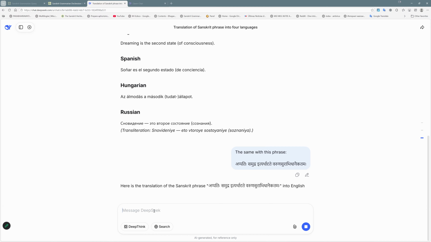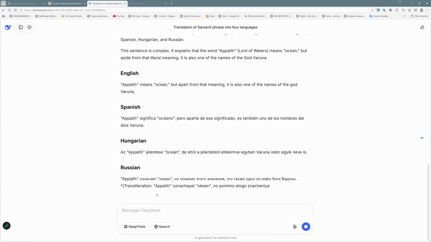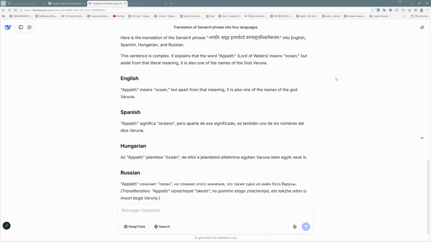We'll see what happens. It's complex. Apati means ocean, but apart from that meaning, it's also one of the names of the god Varuna. Well, more or less, yes. Good translation.